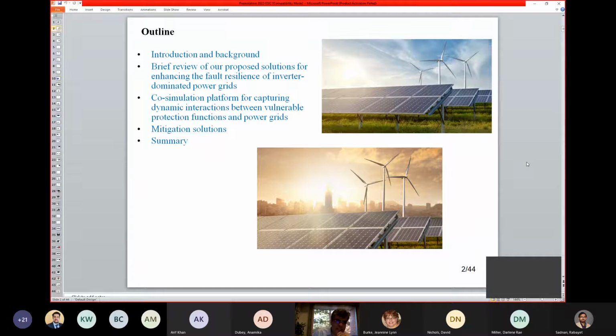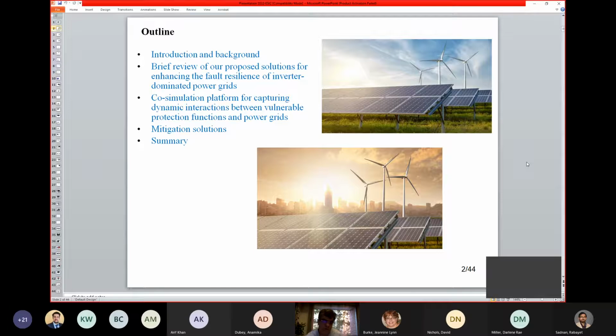The outline is that at the beginning of the presentation, I will talk about the issues that we are working on and why they are important to be addressed. Then I briefly review some of our proposed solutions for the problems. Then I will spend more time on one of our projects, a co-simulation platform for capturing dynamic interaction between vulnerable protection functions and power grids.